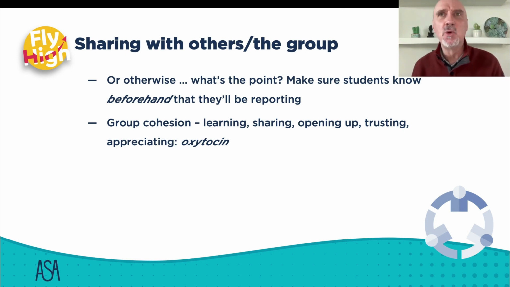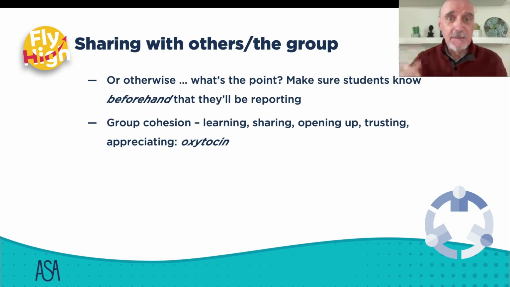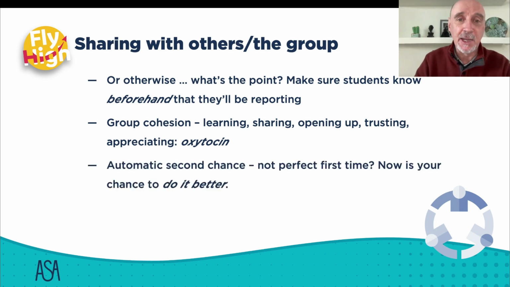Oxytocin, which has been called the cuddle chemical or the hug hormone or even the love drug. It's associated with all these feelings of sharing and trusting and feeling comfortable and bonding with others on an individual or group level. And sharing what you've learned about someone else is a great way to get this bonding and this chemical circulating in the brain.